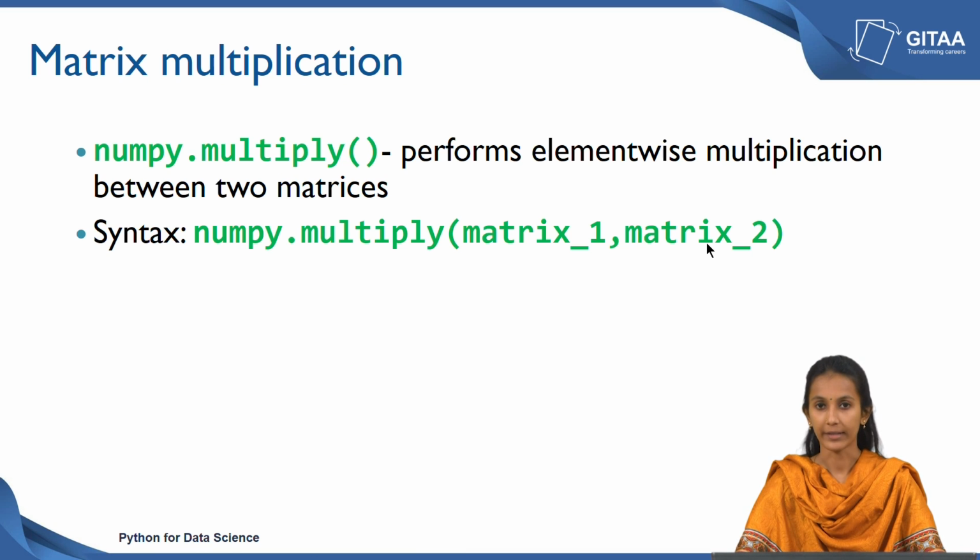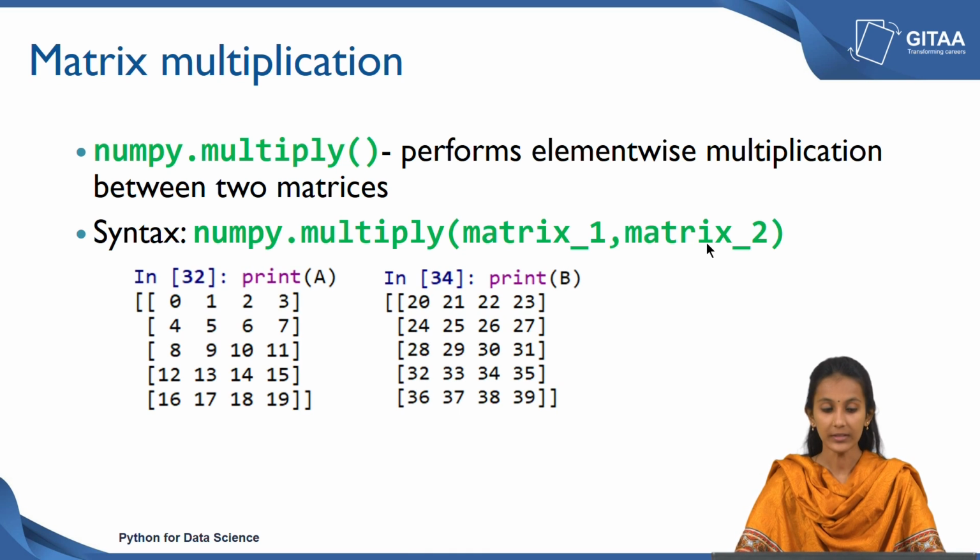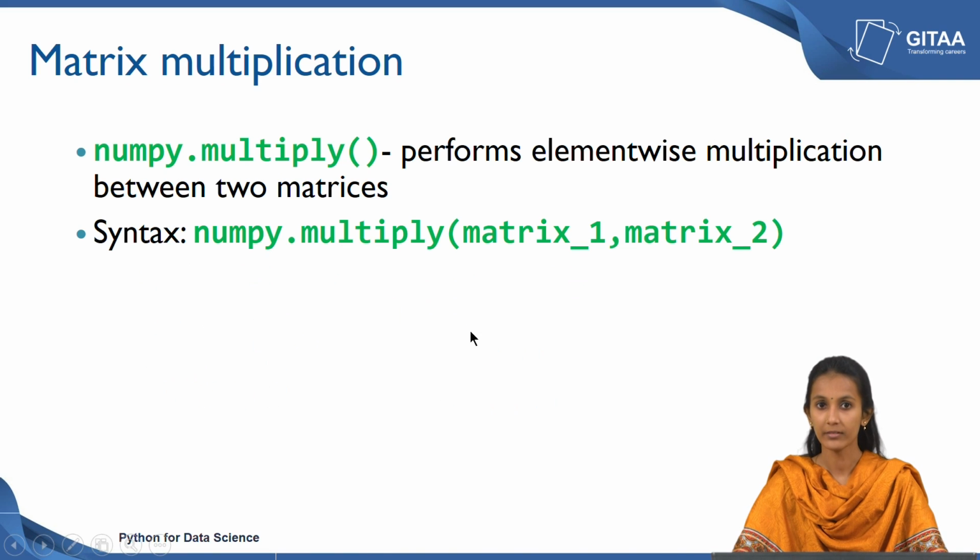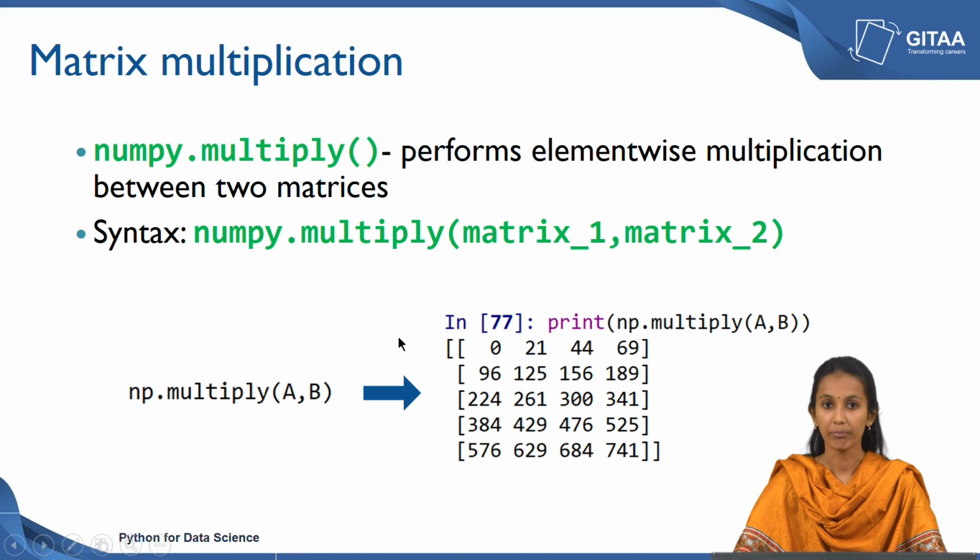So inside the parenthesis you have to specify the matrix 1 name followed by the matrix 2 name. So this is a matrix which we have created earlier before transposing. So this is our A matrix and this is our B matrix. Now we will perform the element wise multiplication for both the matrices. So the command is np.multiply of A, B. So it has been multiplied.